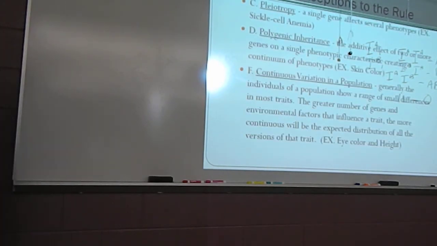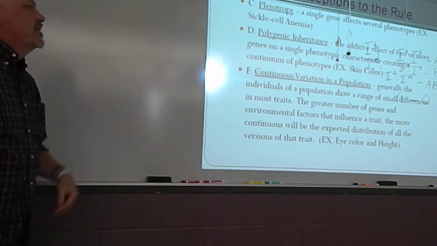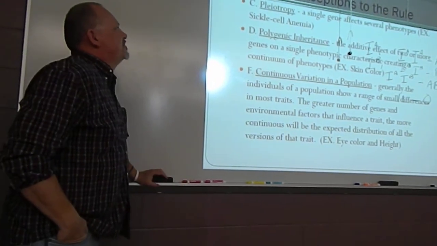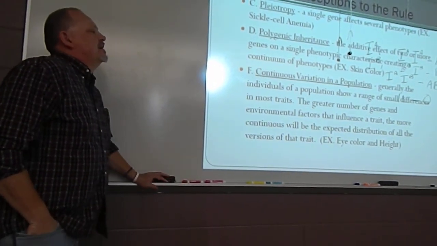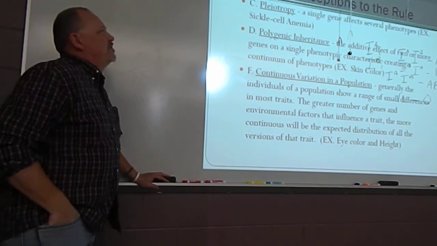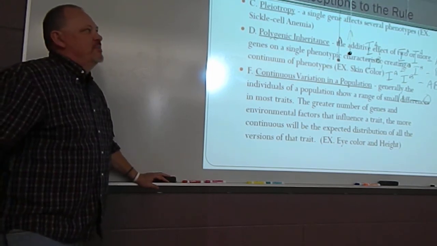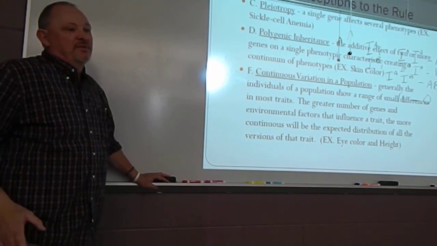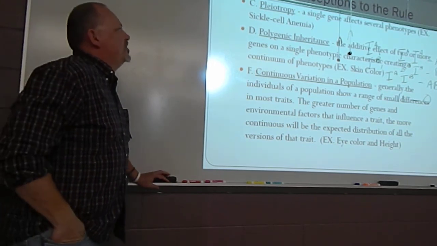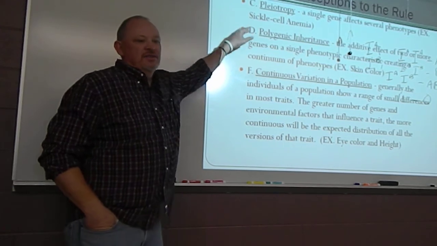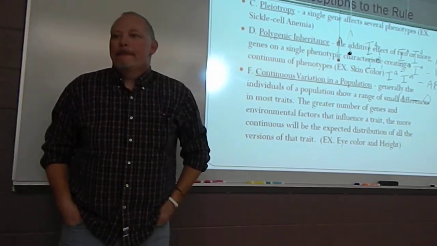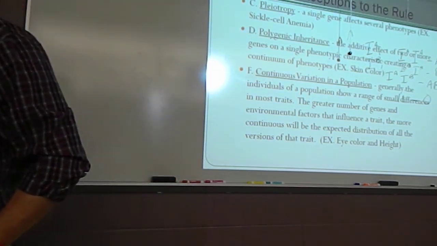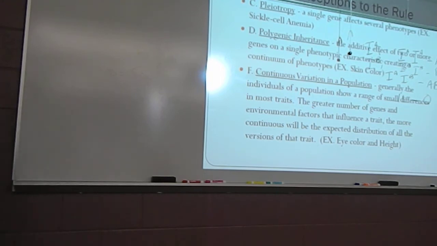All right. And there are a couple other things that are exceptions to the rule. One is called pleiotropy. Pleiotropy is where you have a single gene, but it influences several phenotypes. So one gene causes sickle cell anemia, all right? But there are certain phenotypes that are part of sickle cell.